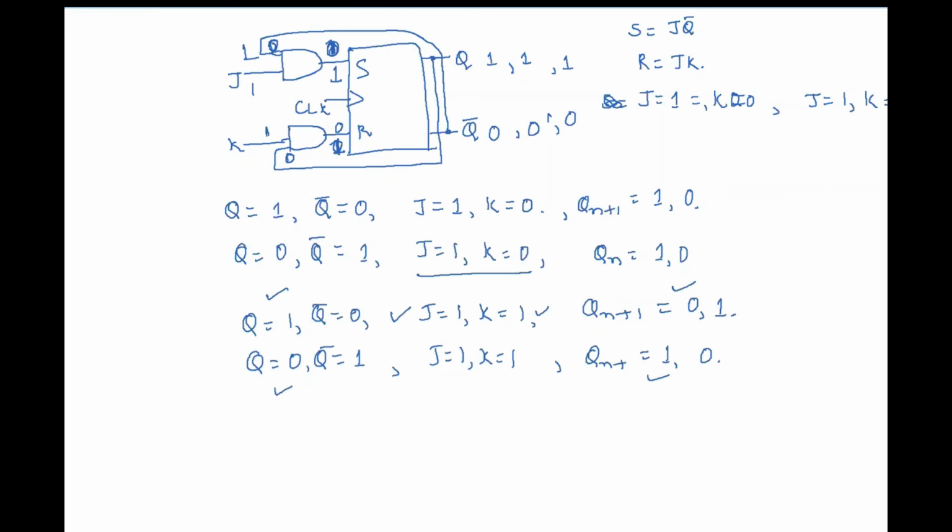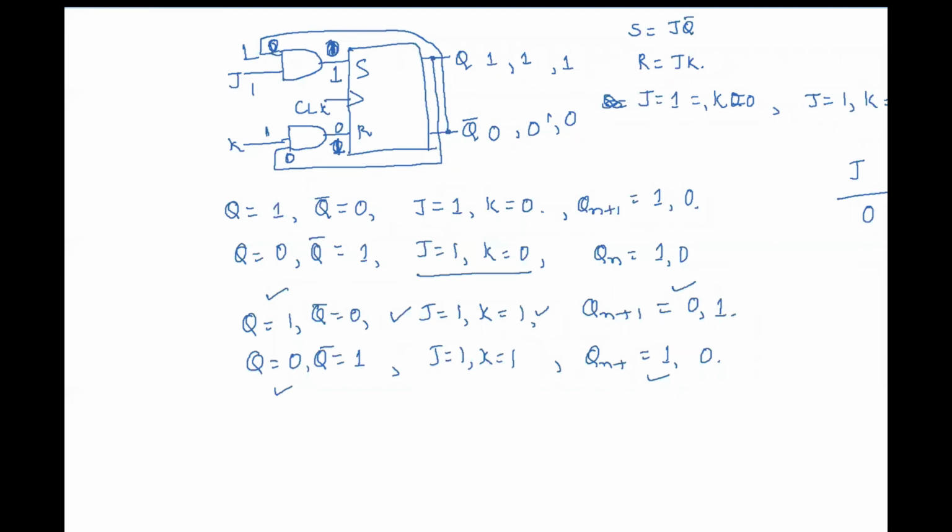So this gives you a truth table for the K map. This is J, this is K, and if the clock is there, the first case is J equal to 0 and K equal to 0.